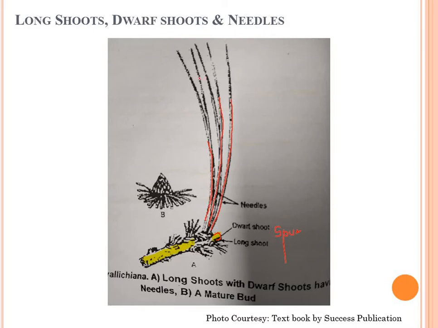In this diagram, 5 needles are present. See, these are the long shoots, or shoots with unlimited growth. Then dwarf shoots are born on long shoots, and needles originate from dwarf shoots. This is the morphology of long shoot, dwarf shoot, and the needles.